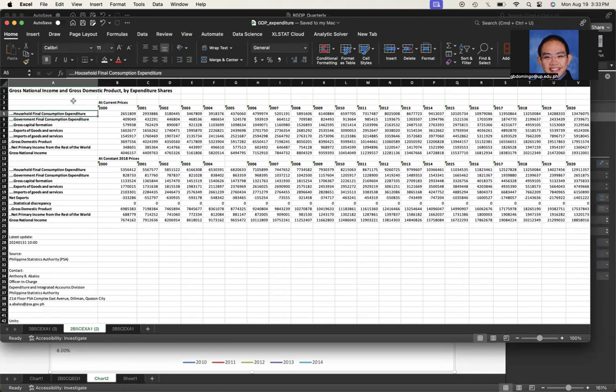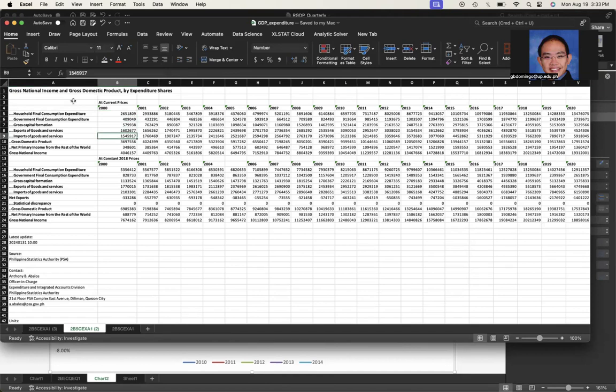Household final consumption, that relates to consumption. Government final consumption, which relates to government consumption, or G, right? Gross capital, and gross capital relates to I. Exports and then imports, this is the NX, exports minus imports. And then gross domestic product is here, which is the sum of all of these minus imports.